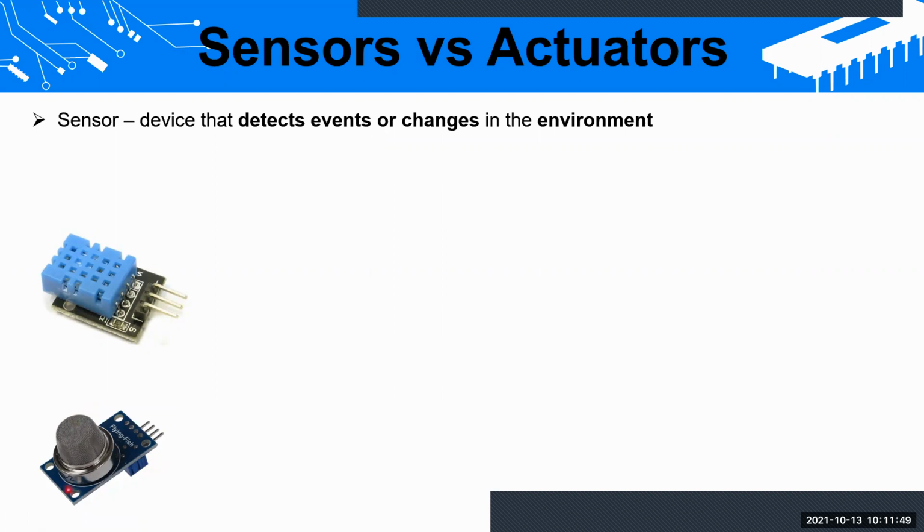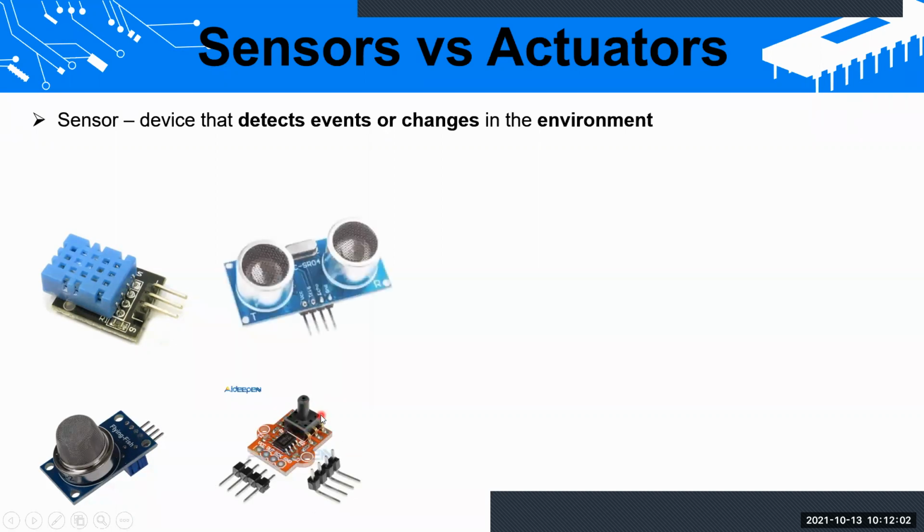If you want to sense LP gas or whatever, you can use that kind of sensor to detect gas leaks, right? Then we have a sensor for barometric pressure. Then we have sensors to find obstacles. If we use this sensor, we can measure the distance to an obstacle, right? Then we have the accelerometer and gyroscope, right?